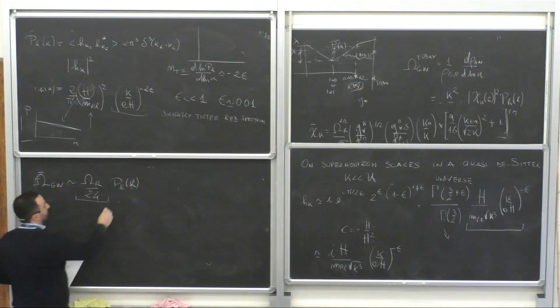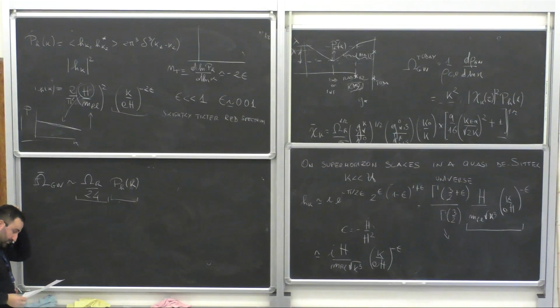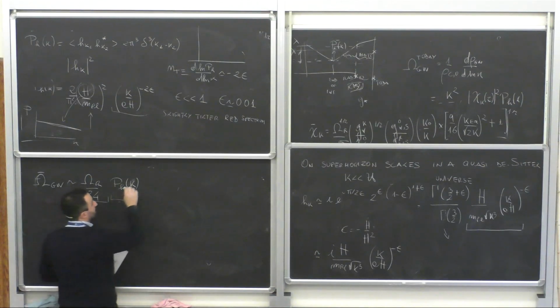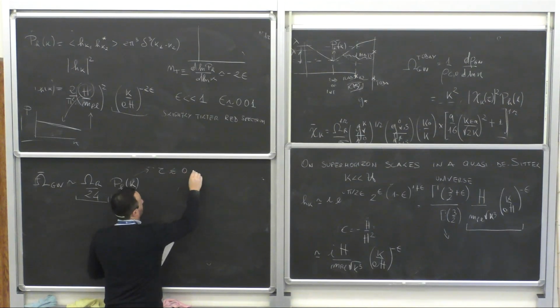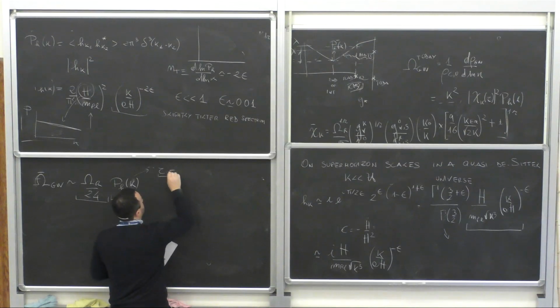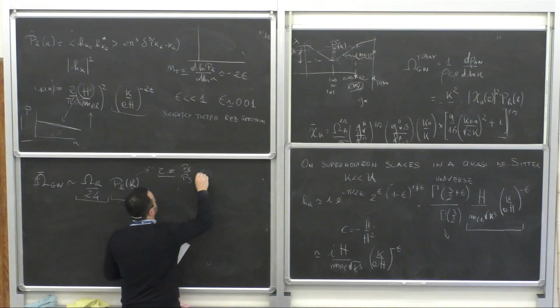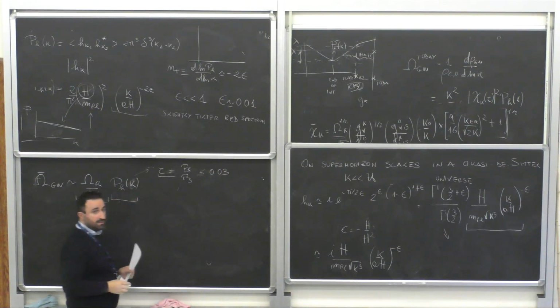And this is my primordial power spectrum. Let's now give an order of magnitude, okay, considering the bound that we have, because you remember, we have bounds from the CMB, right? So on these, we know, for instance, that this is the most recent bound on r, okay, that is equal to P_h over P_zeta. This must be smaller than 0.03, right?